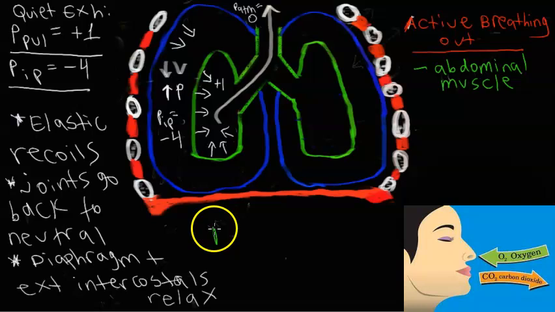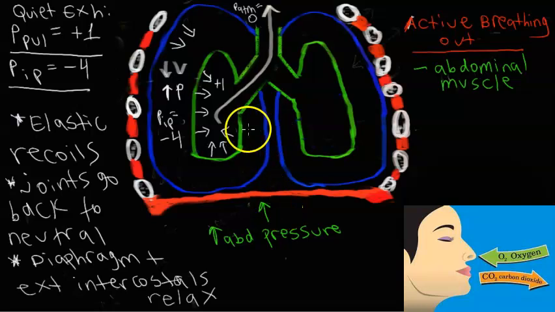So increase in abdominal pressure, right, because these muscles squeeze and contract, it's going to push up further on the already relaxed diaphragm. So that's going to decrease the thoracic cavity volume even further, because these abdominal muscles are going to push up and back on the diaphragm, and that's going to cause the thoracic volume to decrease.